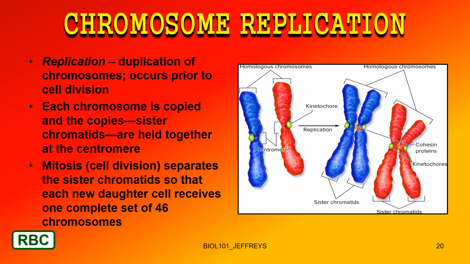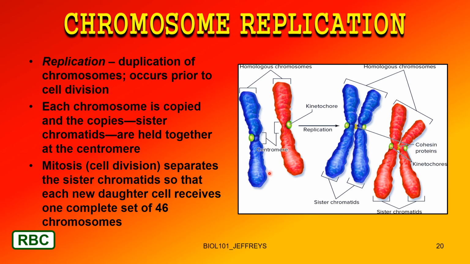When you pop these chromatids apart, you pull them apart, they're no longer connected. Now, because each chromatid has the full genetic complement of the chromosome, we refer to them not as chromatids but as chromosomes.